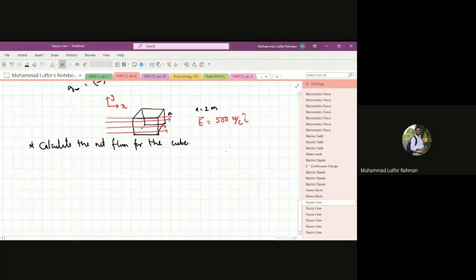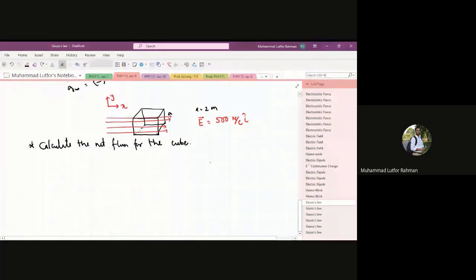So a cube has 6 faces, right? How many faces does a cube have? You have 6 faces.